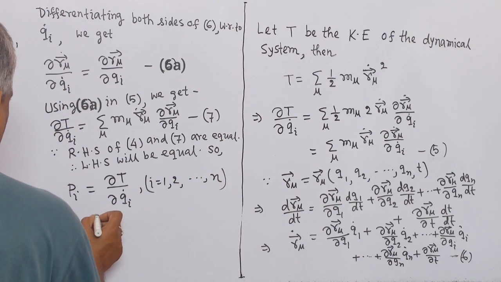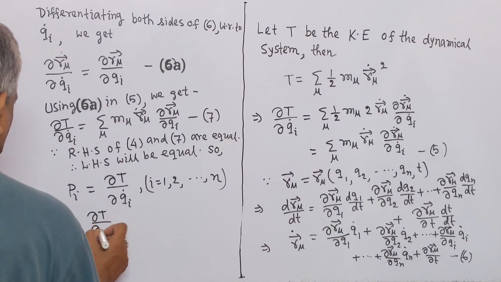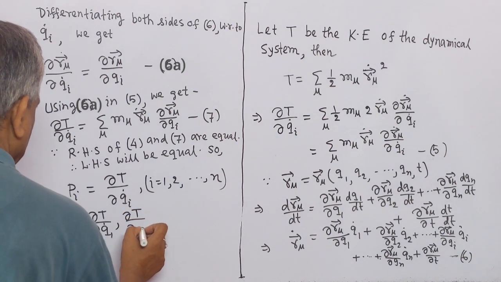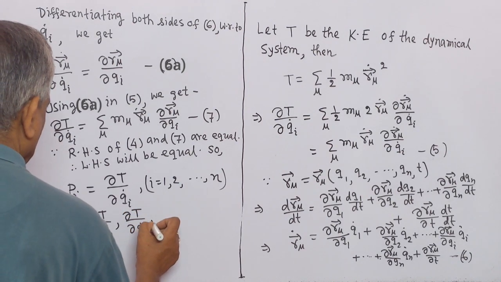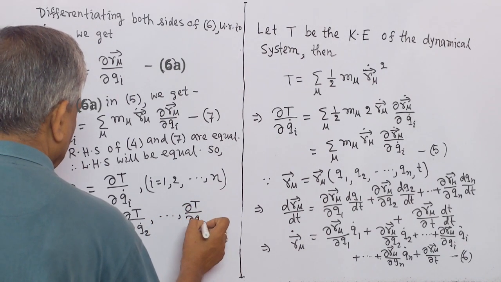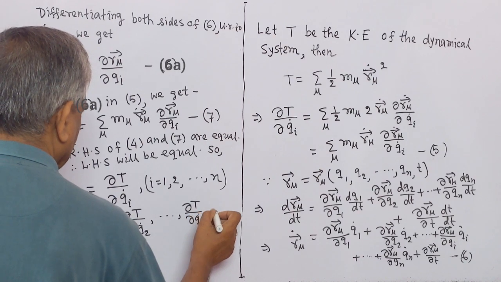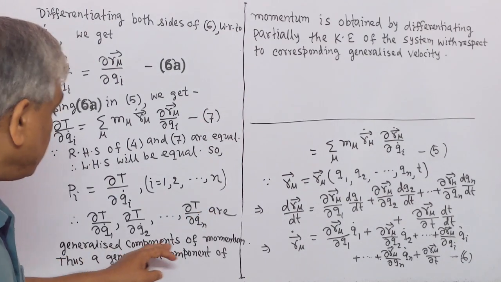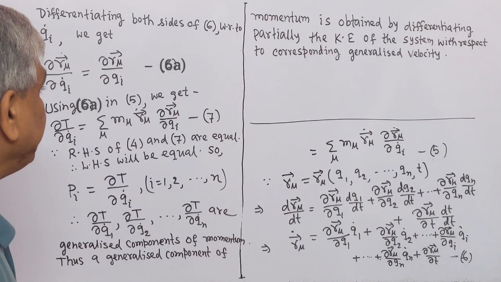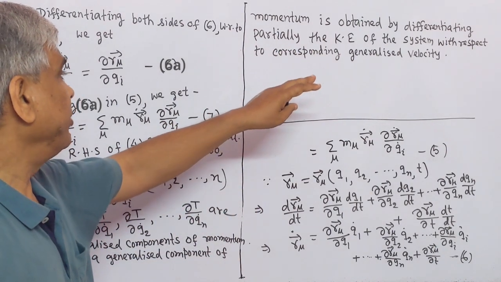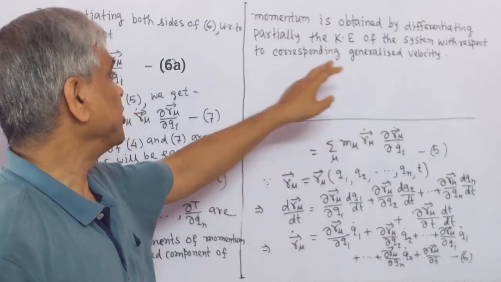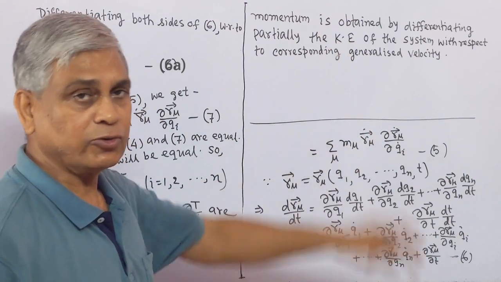Therefore partial derivative of T with respect to q1 dot, partial derivative of T with respect to q2 dot, dot dot dot, partial derivative of T with respect to qn dot are generalized components of momentum. Thus a generalized component of momentum is obtained by differentiating partially the kinetic energy of the system with respect to the corresponding generalized velocity.